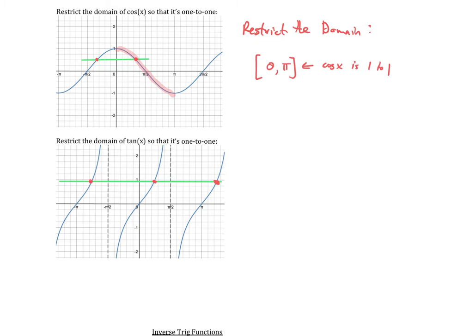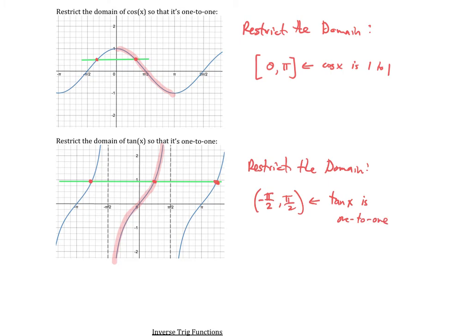So what we need to do, just like before, is restrict our domain from negative pi over 2 to pi over 2. And now that highlighted piece is the restricted domain. When we restrict the domain from negative pi over 2 to pi over 2, our tangent graph, y equals tangent x, is 1-to-1.